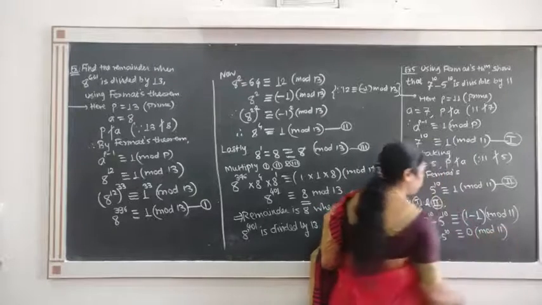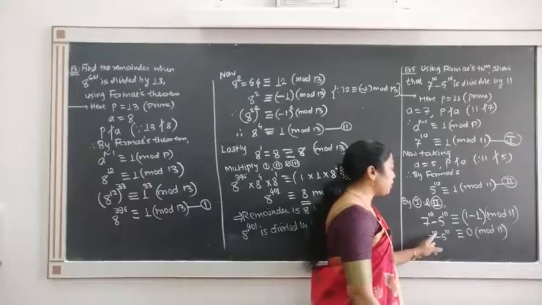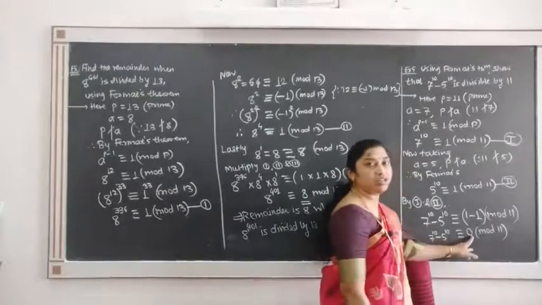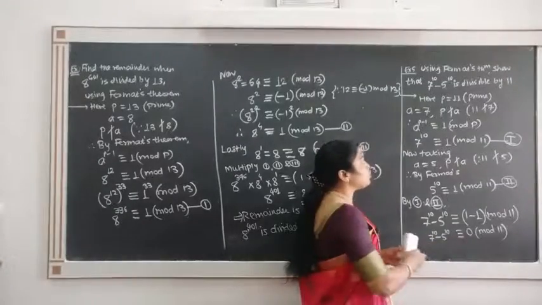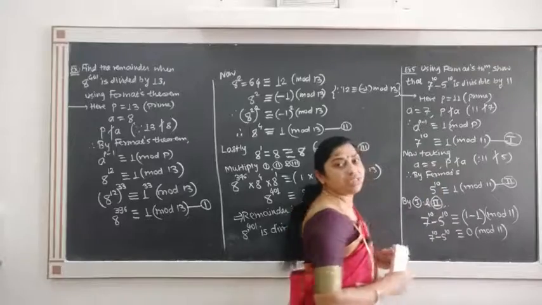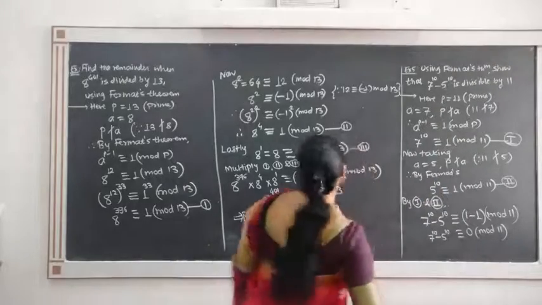So 7 raised to 10 minus 5 raised to 10 is congruent to 0 modulo 11. This means that when you divide 7 raised to 10 minus 5 raised to 10 by 11, the remainder is 0. And the remainder is 0 means that 11 divides this whole number 7 raised to 10 minus 5 raised to 10.